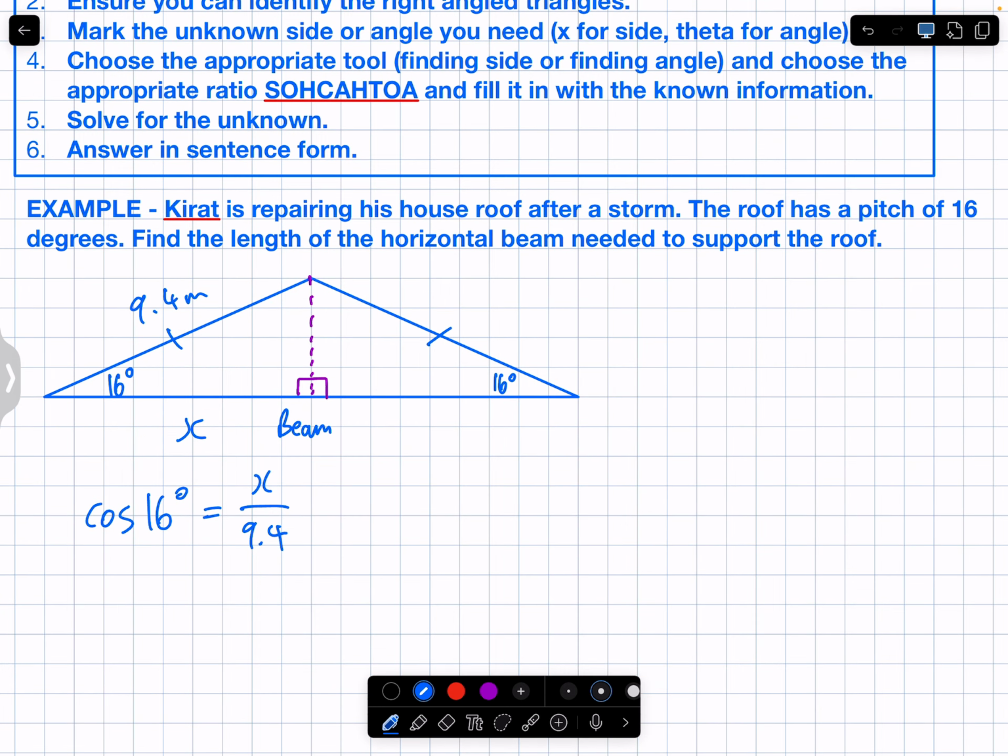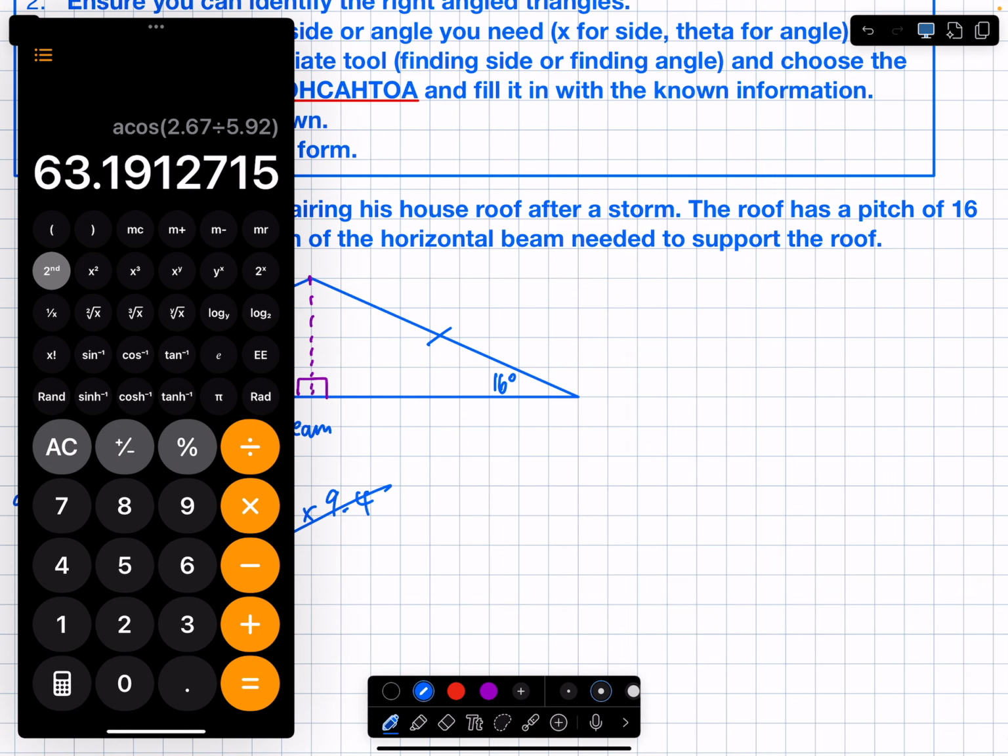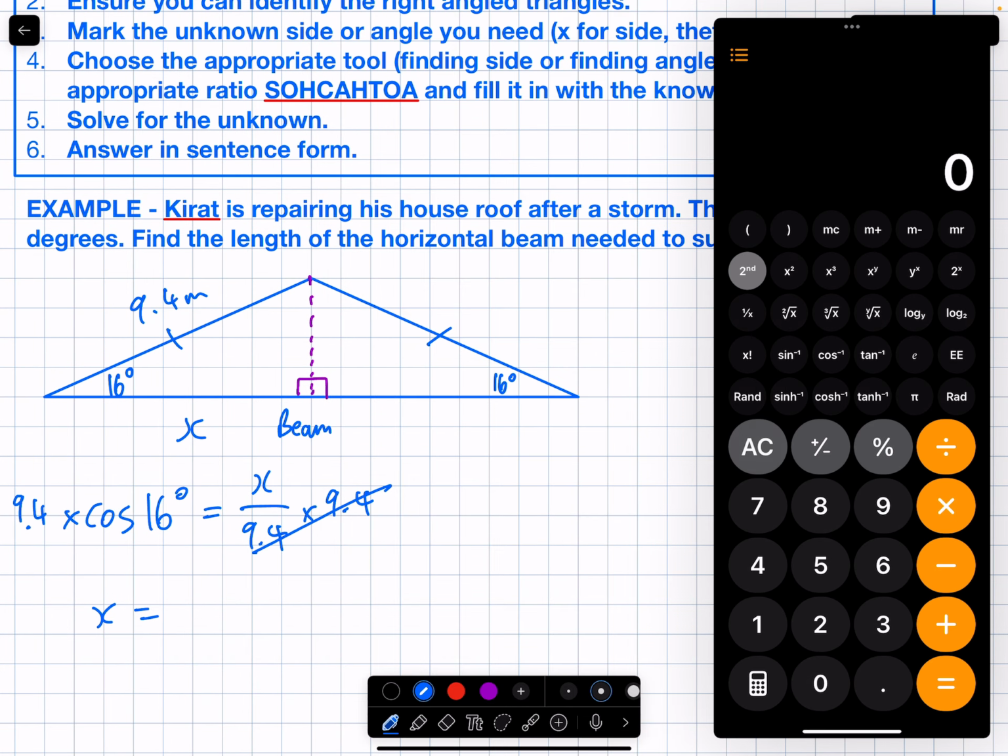What's 9.4 doing to X? What's the opposite of dividing by 9.4? Multiply both sides by 9.4. That's going to cancel out. So X is going to be whatever 9.4 cos 16 is. So I'm just going to double check that I'm in the right mode. So I can go 9.4 times by cos 16.